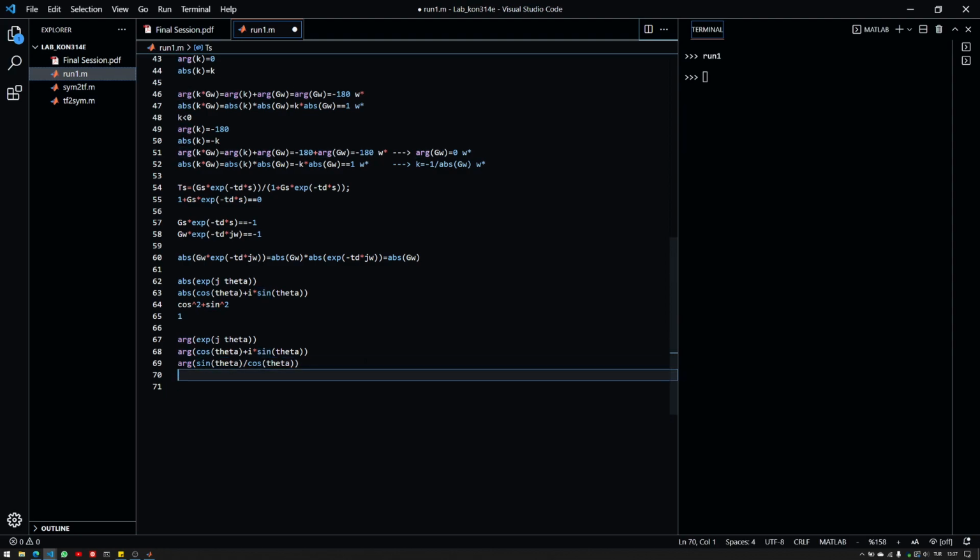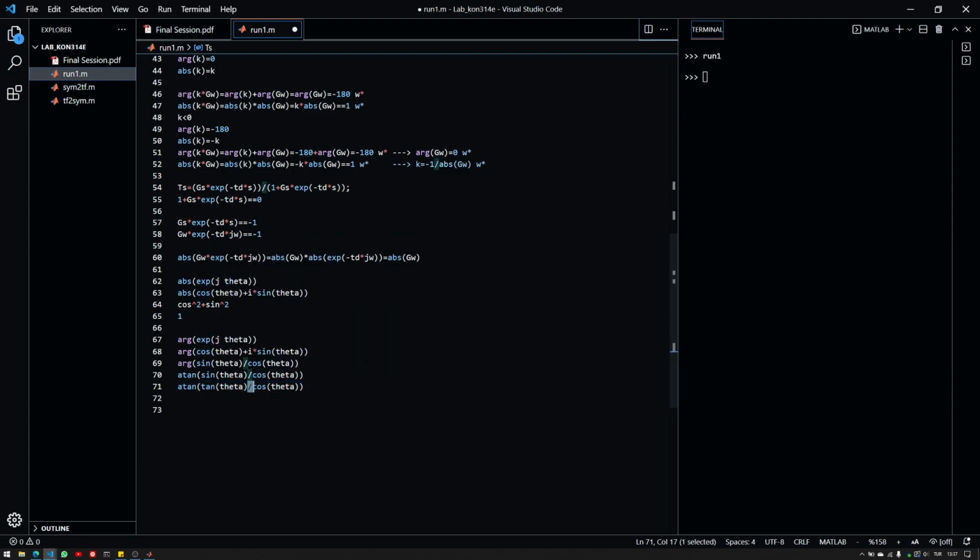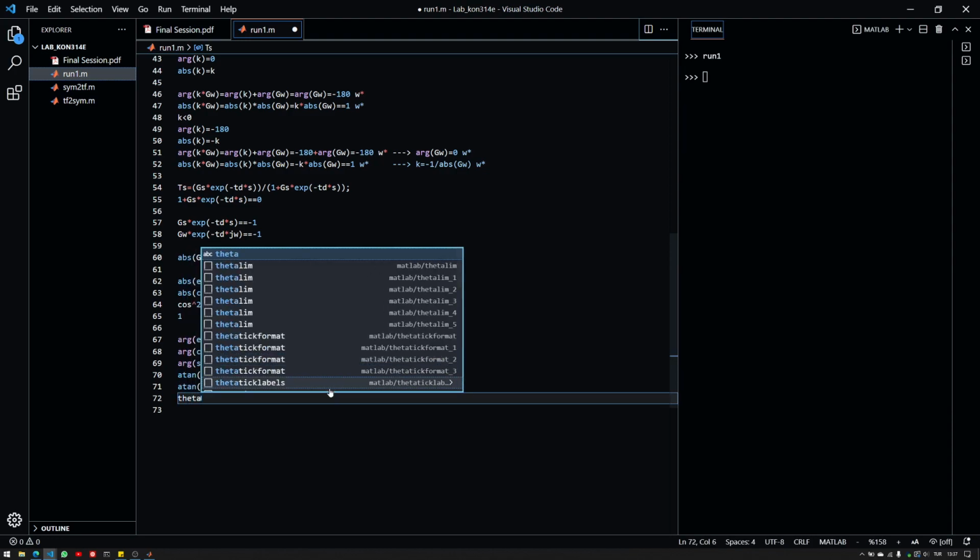And instead of using argument, I can go ahead and use a tan. Now, interestingly, we have sine over cosine, which gives us tan, the tangent, and then a tan tan would give us theta.